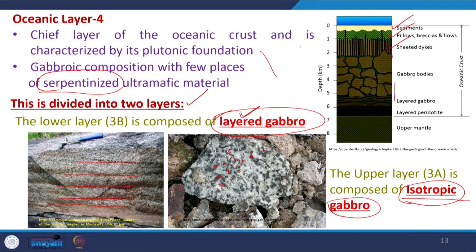If you remember Bowen's reaction series, here we are creating olivine and then pyroxene, amphibole, and on this side anorthite and then albite. When these minerals crystallize, their density is high, so they settle down to the bottom of the magma chamber. Once they settle, they form layers.